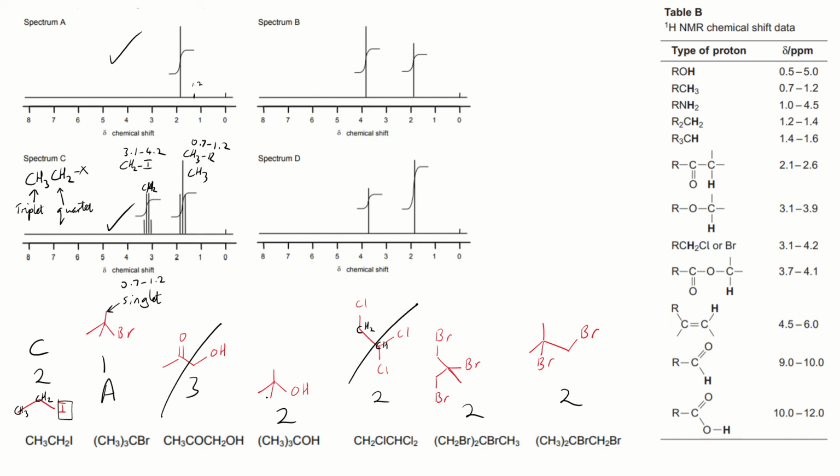These would be singlets around there because the CH3 is just next to carbon there, so no splitting. And here, CH2 next to C and CH3 on that end. So again, these two environments aren't going to be split.